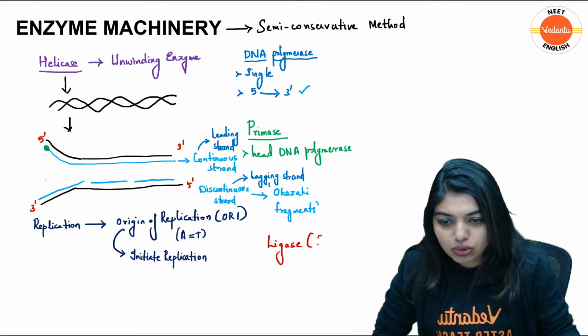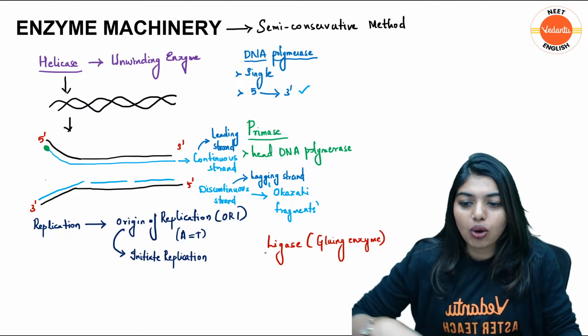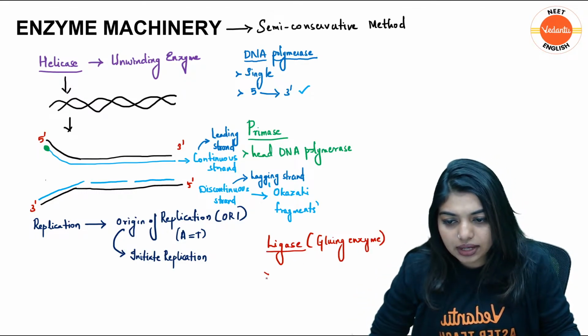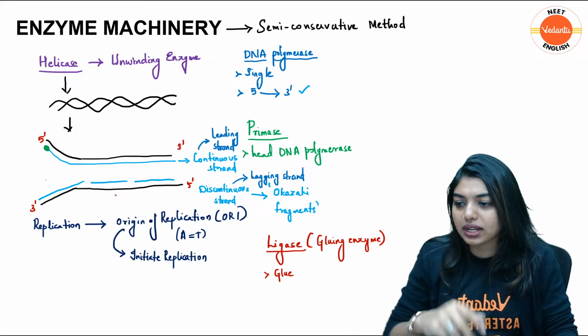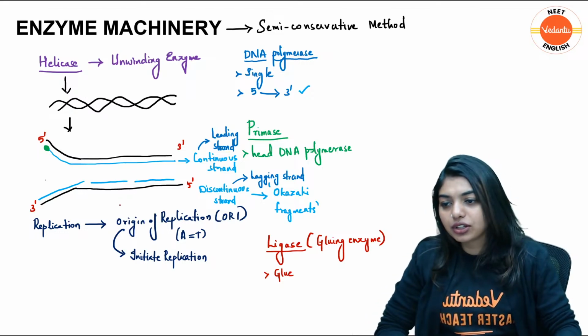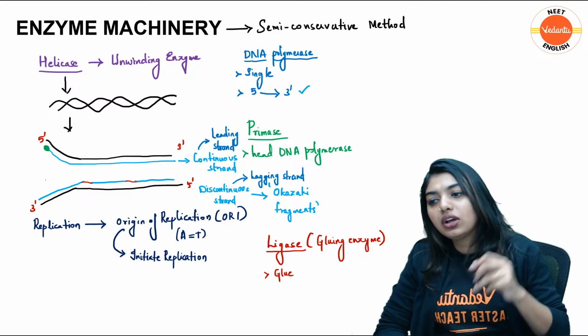Ligase is also called your gluing enzyme, which will actually glue all the fragments together. But space is there, so we need to form some nucleotides. That DNA polymerase only will do, but the gluing part will be done by your ligase.